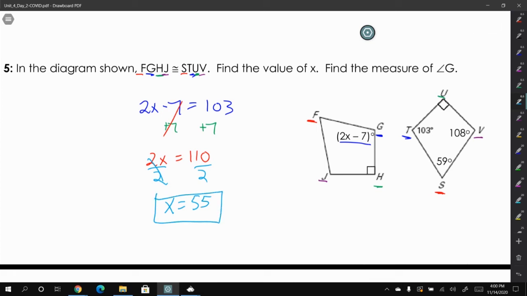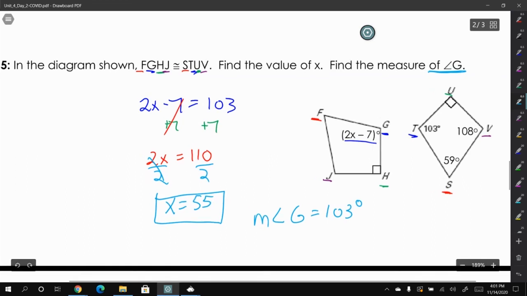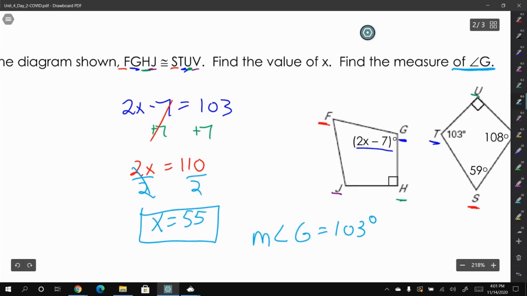And then you could plug that back into G because it says find the measure of angle G. But if we know that angle G and T are congruent, you don't need to plug that back in, because we know that the measure of angle G has to be the same as the measure of angle T, which is 103 degrees. So again, you're using the location to see which parts are congruent to each other. G was second and T was second, so that's why those are congruent to each other.